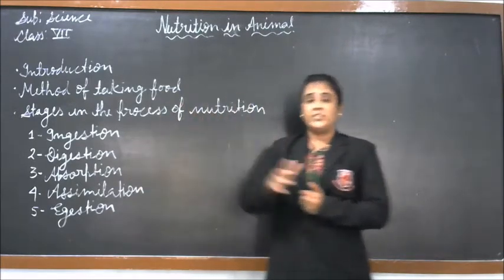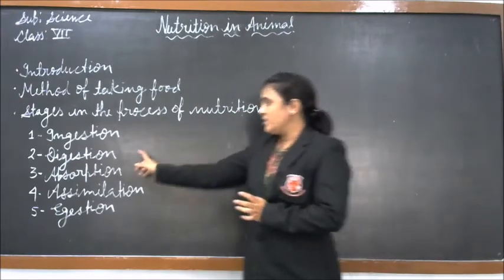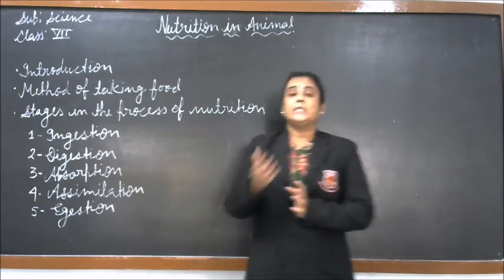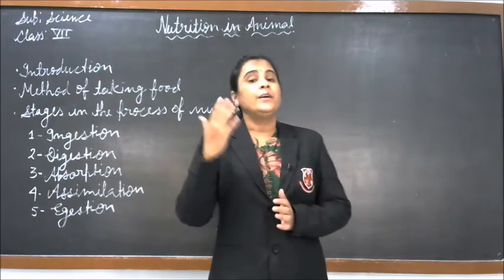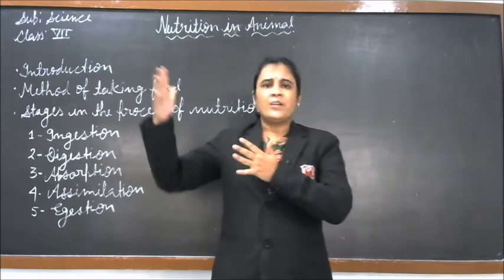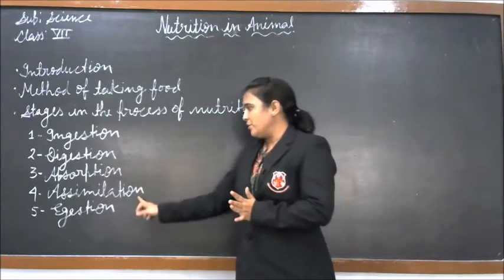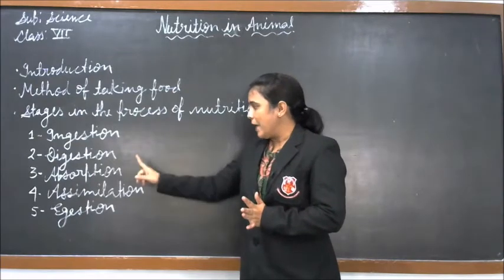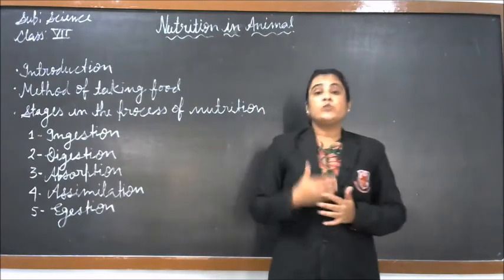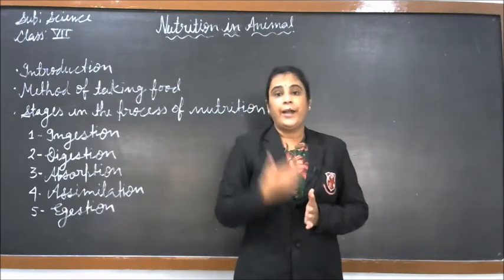After digestion, the digested food is absorbed in fluid like blood and carried to other parts of the organs. Next, assimilation. After absorption, the absorbed food is used by the body to generate energy and growth.